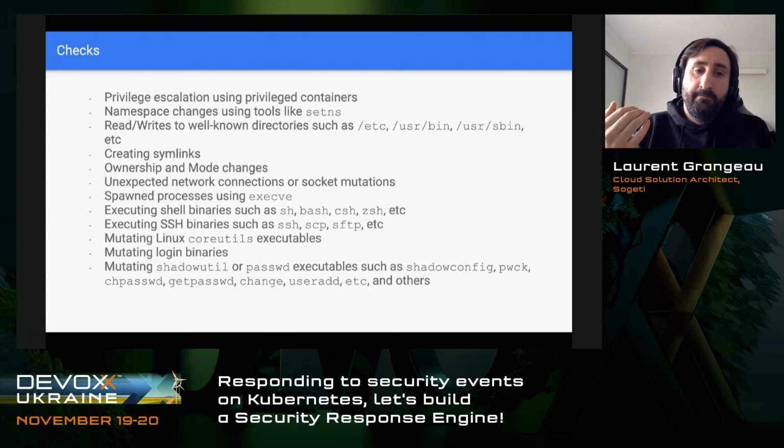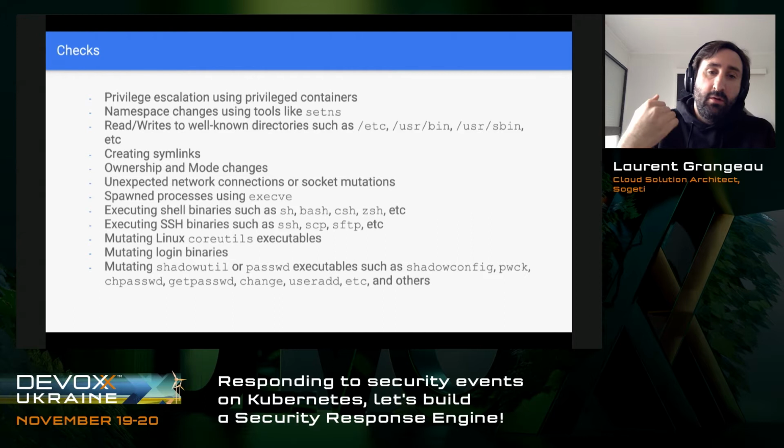launching a shell binary, and if you are launching a shell binary, you can just intercept that and say that there is something wrong, because nobody should launch a shell binary inside the container. So if you detect a shell binary being launched, it's because something is wrong with your containers.